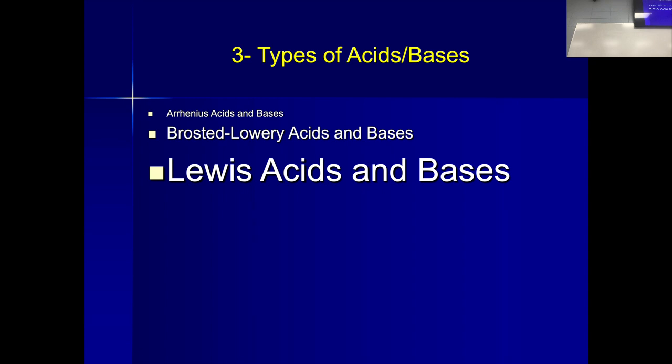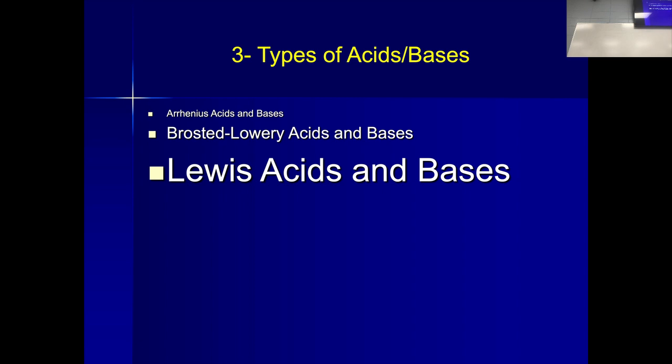Okay, so if I take a substance and I put it in water and it makes H3O+, it's an Arrhenius acid. If I take something and I throw it into water and it makes hydroxide, OH-, like sodium hydroxide, potassium hydroxide, things that you work with in Gen Chem, that's called an Arrhenius base. Okay?